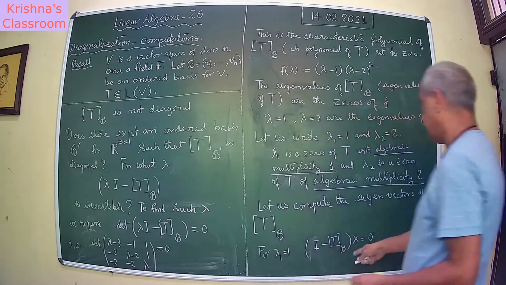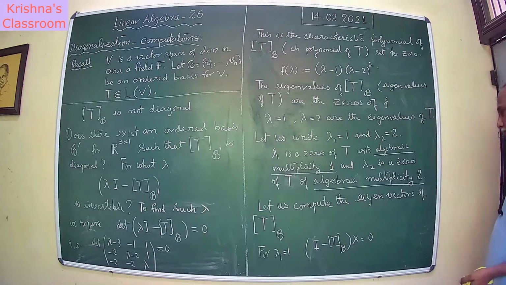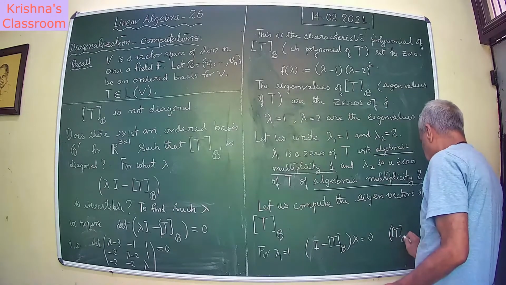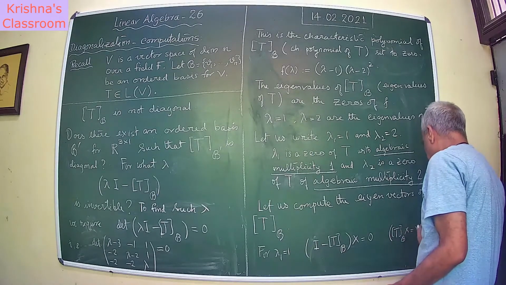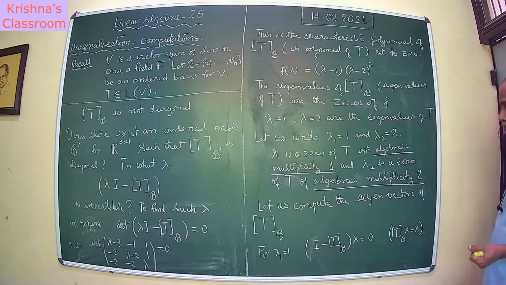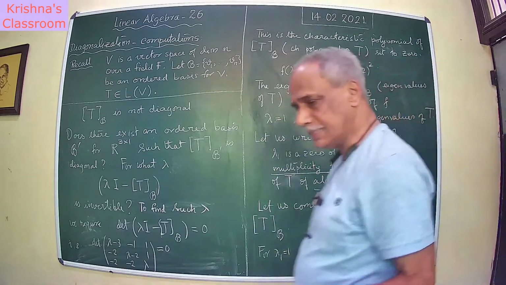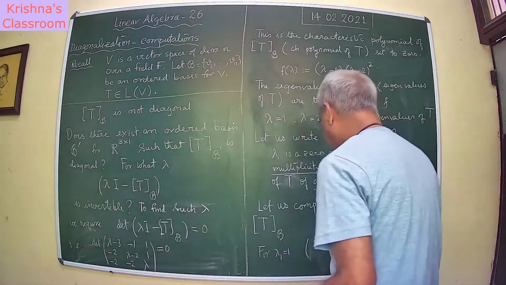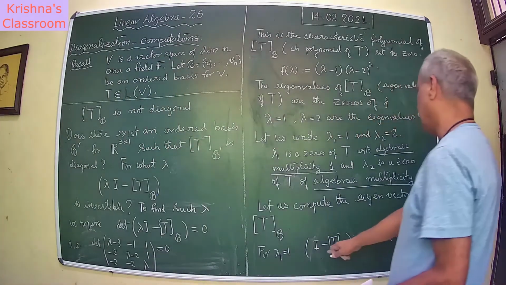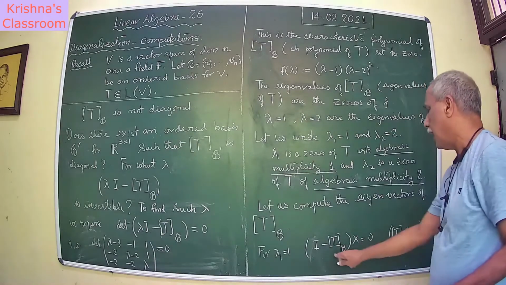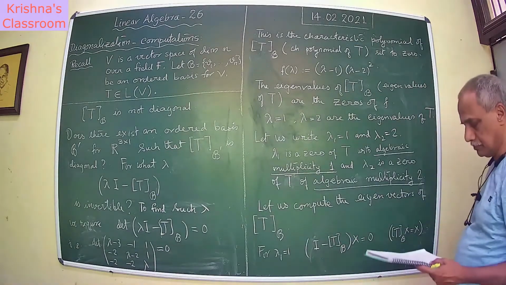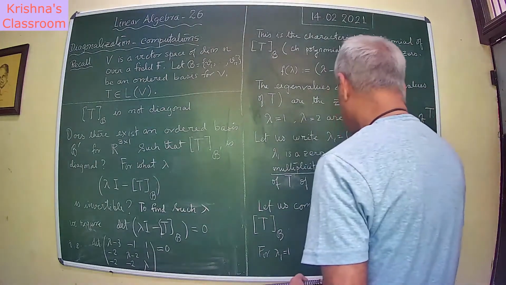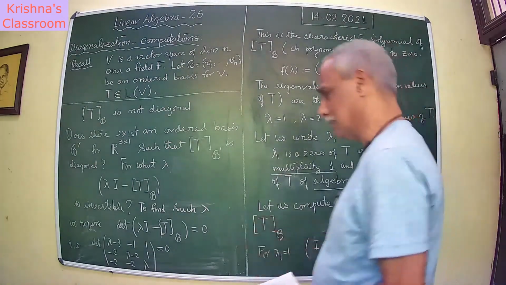That means TBX equal to X. Let's find it out. What one gets here is that you are looking at the null space of I minus TB. Now this turns out to be simply, so I just do this for this case.